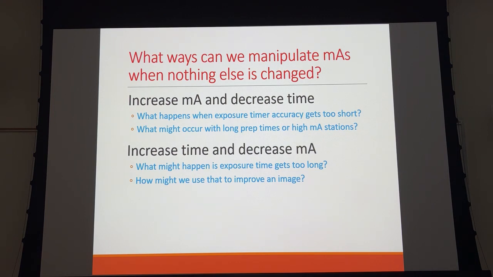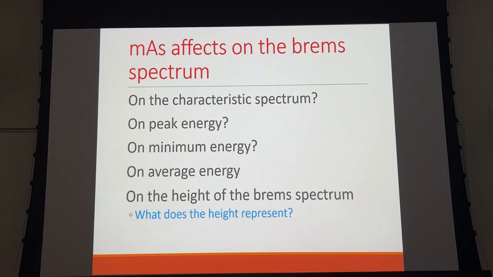Most of the time we want to increase mA and decrease time in order to prevent motion, but there are times that we actually want to use motion. So we accomplish that with reciprocity. Reciprocity just meaning mass equals mass, right? So increase mA, decrease time in the same magnitude, and then we maintain the same overall mass, and our exposure should not change.